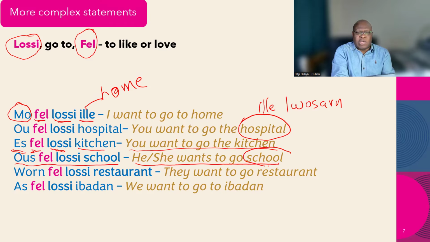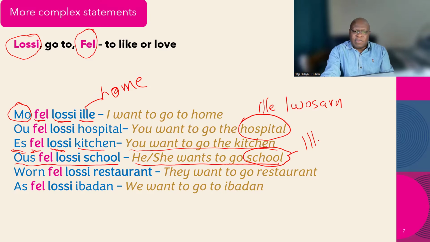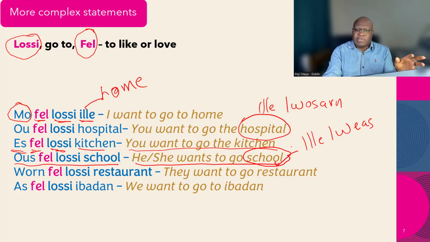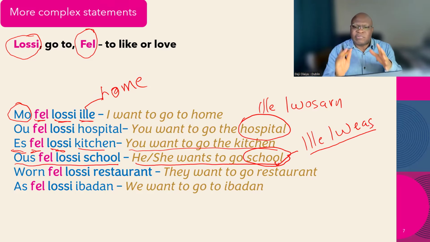In Yoruba, school can be interpreted as ilé ìwé. But if you want, you can say school. In Digital Yoruba, it's okay to say school. But in Yoruba, you normally will say ilé ìwé, which is translated as a house of books. It's just a translation, but school is okay in Digital Yoruba.